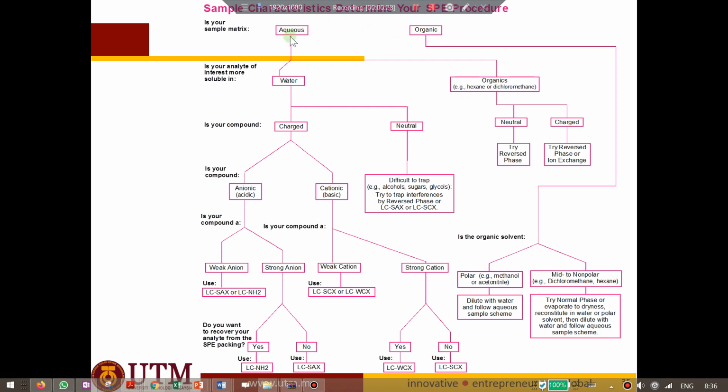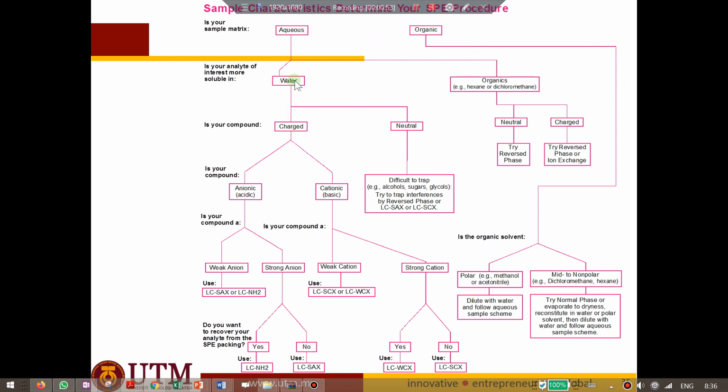If your sample is aqueous, is your analyte soluble in water or not? If your analyte is soluble in water, you need to focus on the aqueous part. If your analyte is soluble in, for example, hexane, pentane, then you need to proceed with the organic part.